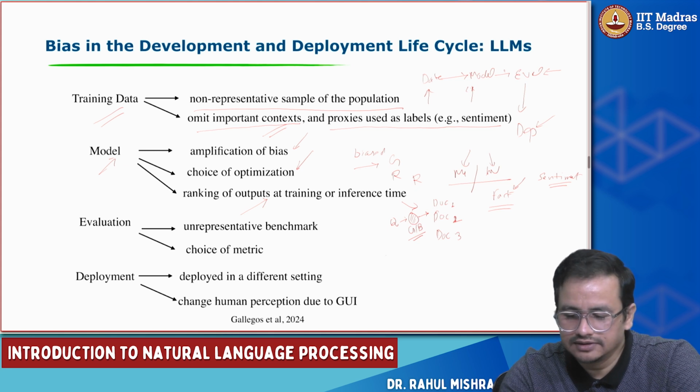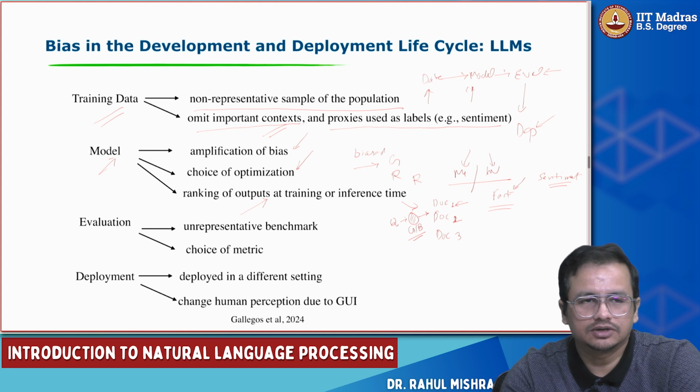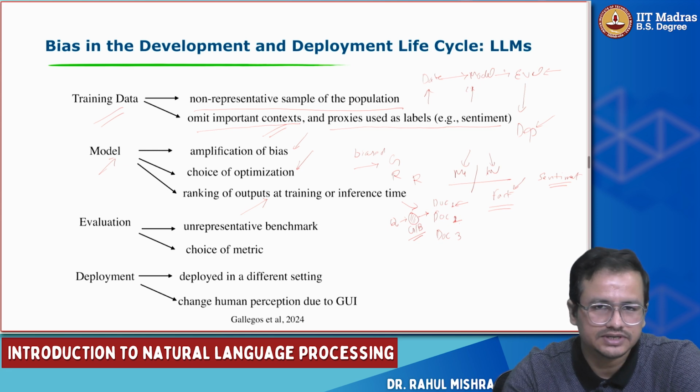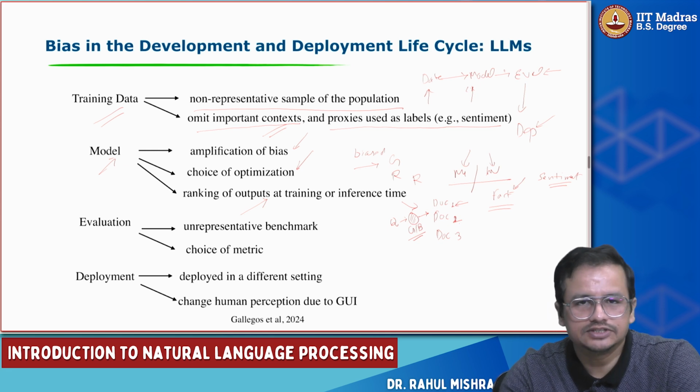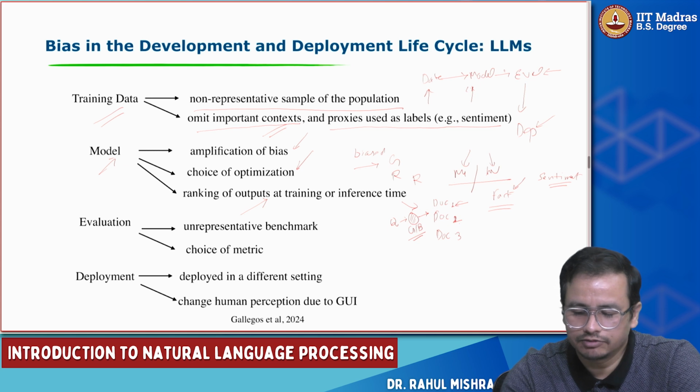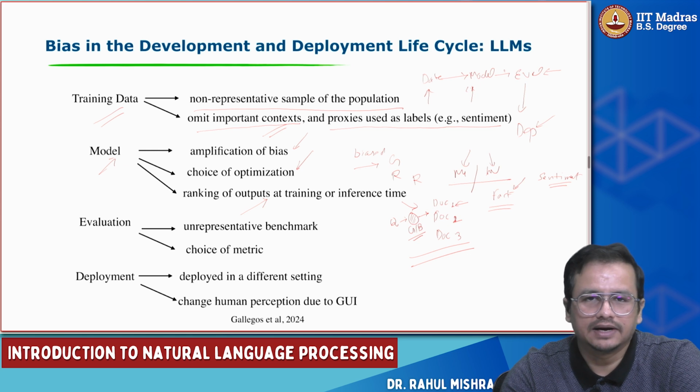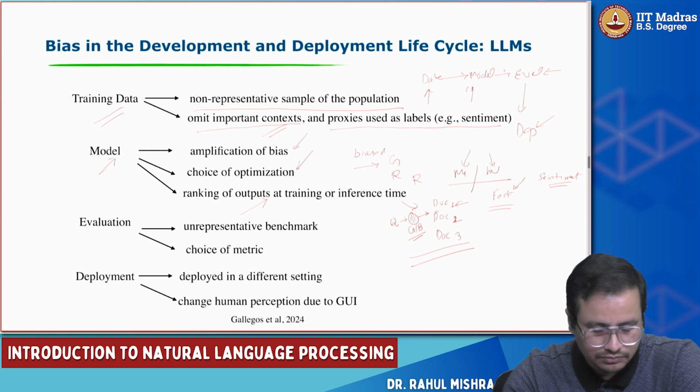And if you are doing this ranking, the algorithm can also be sensitive to bias, giving emphasis to a particular gender, region, religion or race and so on. So again, ranking of output can also be a place where biases are introduced.